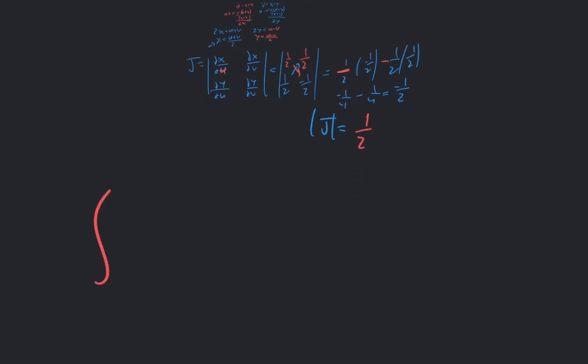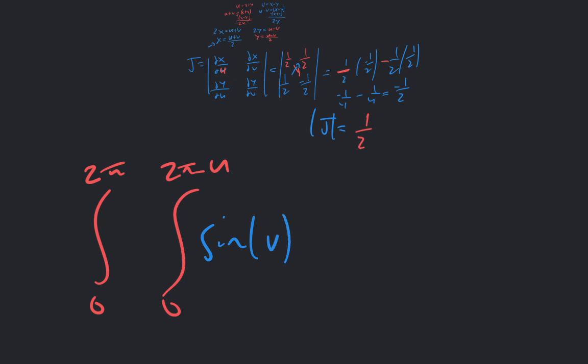We have our integral from 0 to 2 pi, and then our integral from 0 to 2 pi minus u of sine of x minus y, which was v, and then cosine of x plus y, which was our u. Let's put those in parentheses, times the absolute value of our Jacobian, 1/2, and then our dA.